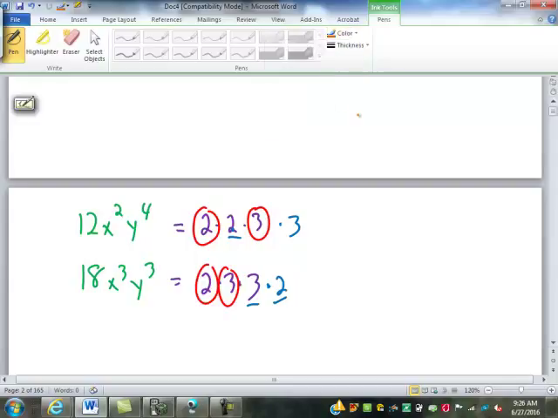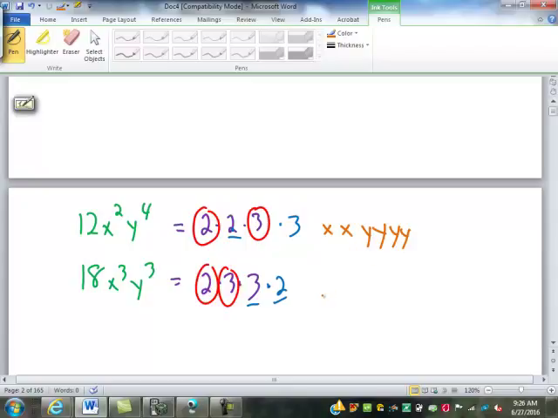Now let's worry about those variables. x squared is x times x. What's y to the fourth? y times y times y times y. Now down here, x to the third, y to the third.